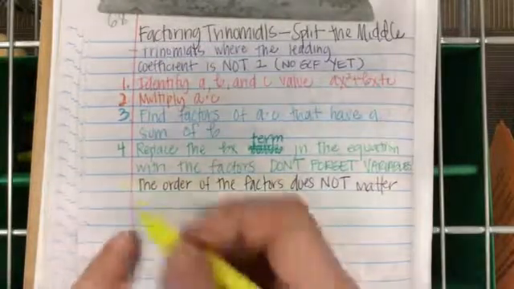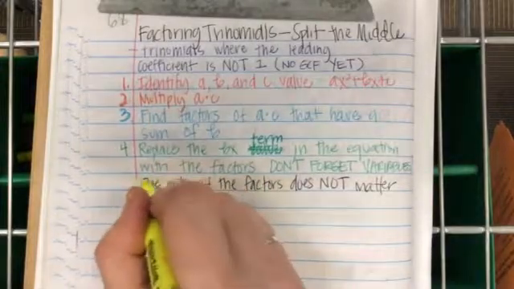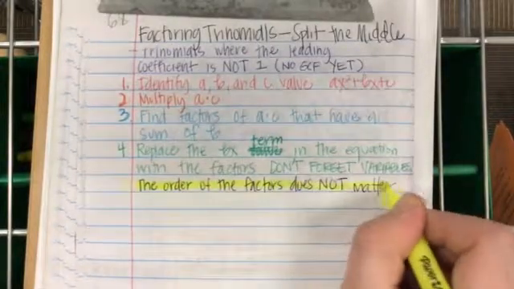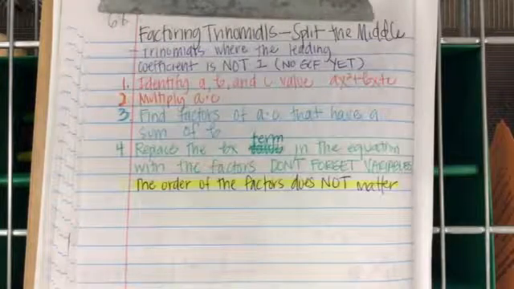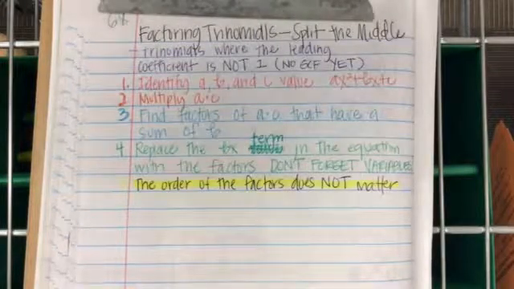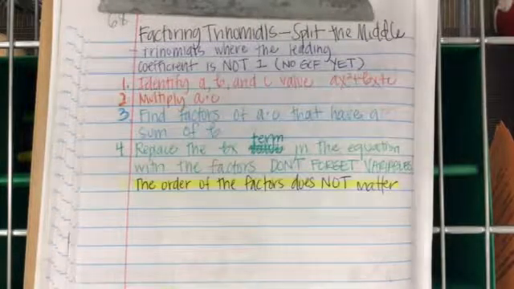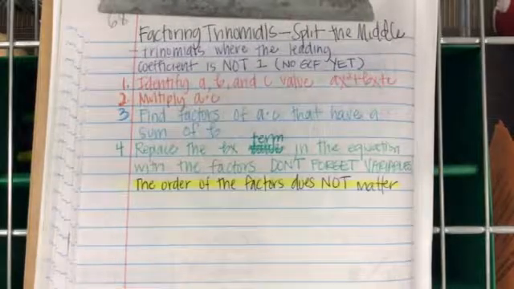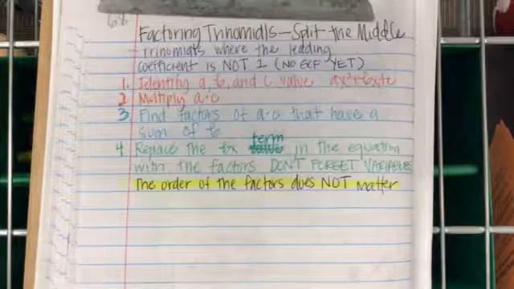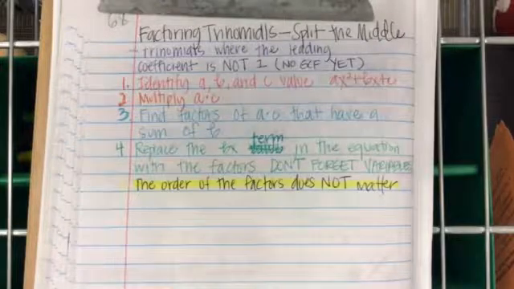If Ella decides the factors are 5x and 7x, and Ella decides to do 5x plus 7x, but Mika decides to do 7x plus 5x, they're still going to get the same answer. It does not matter which one you put first. When you factor, you will get the same answer.